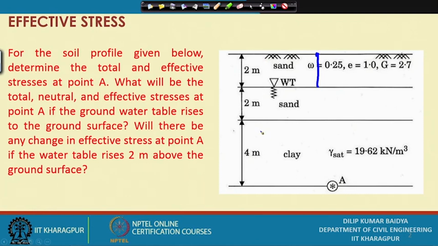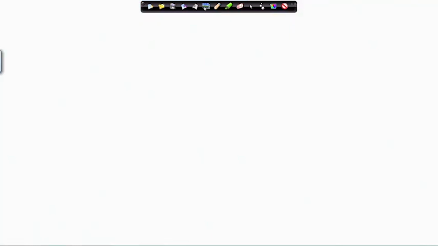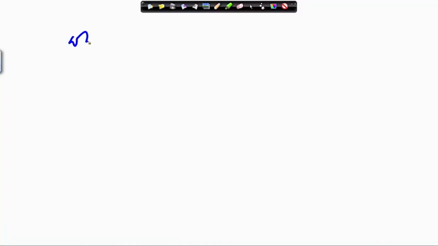Sand will be 4 meters and clay also, so all 8 meters will be gamma saturated. So, let us see this part, when the water table is at the ground surface.